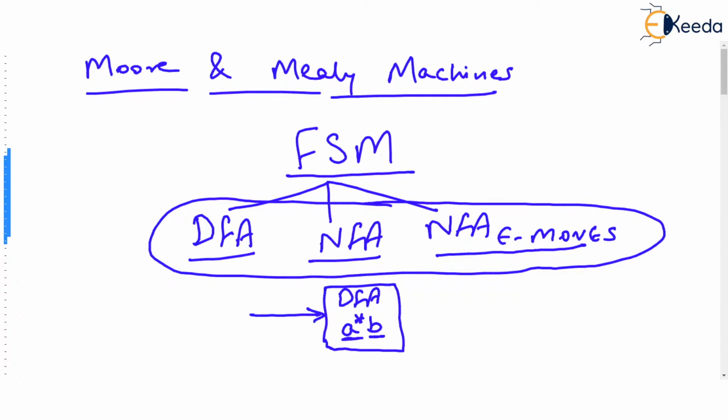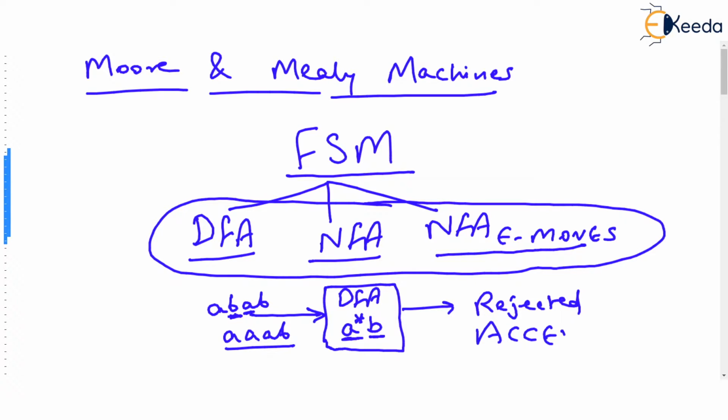For example, if we give A, B, A, B, this string will be rejected, isn't it? Because the string contains B, agreed, but after B, A is not allowed. A is not allowed after B because there can be only one B and that too at the end. But what if we give A, A, A, B? This string which contains three A's and one B will be accepted.